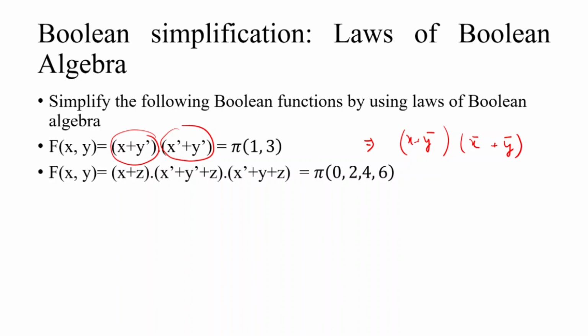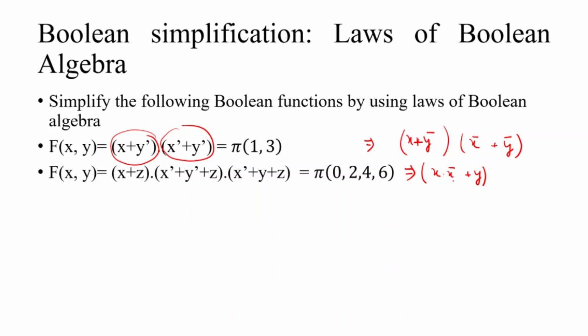When we minimize it, y complement is common in both. This means we use the distributive law here, and we write it in the form of y complement plus x into x complement.